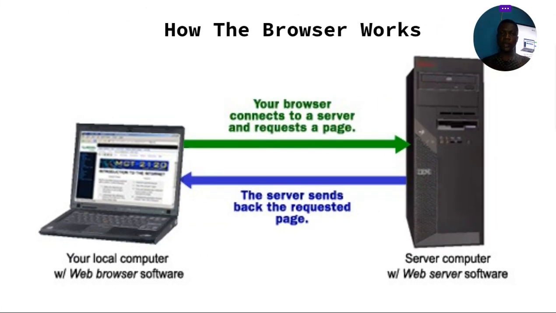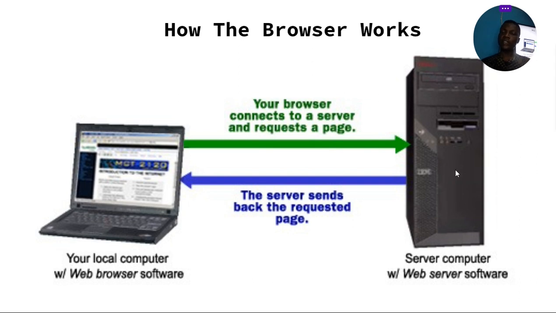Now let's take a look at this diagram here. We have the computer, which is the client, the browser, and we have the server, which is serving the files that we are trying to access through the internet. The browser connects to a server and requests a page.